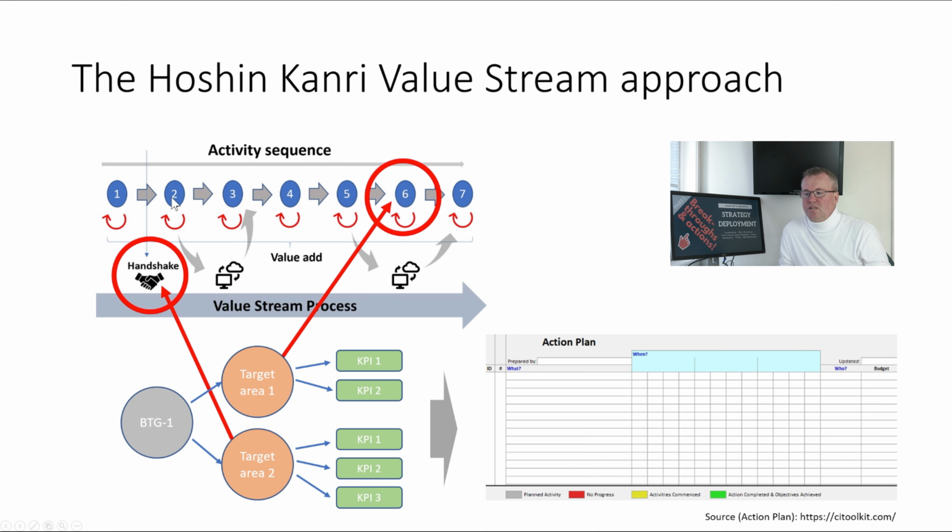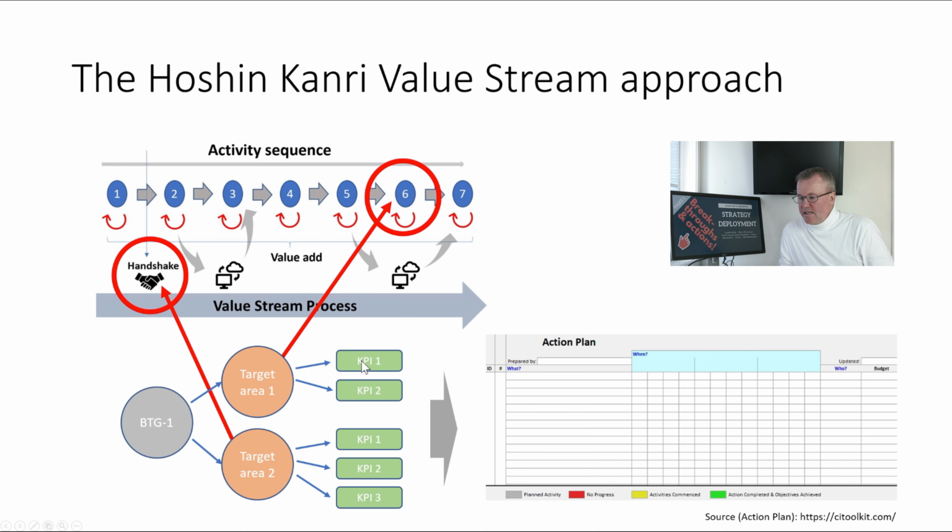I have got what I asked for in the structure we have agreed on, and now I can do my part. So these 2 target areas, one with an activity improvement, the other with improving the interface or the handshake between 2 activities, that is the breakthrough goal 1 in this particular example.